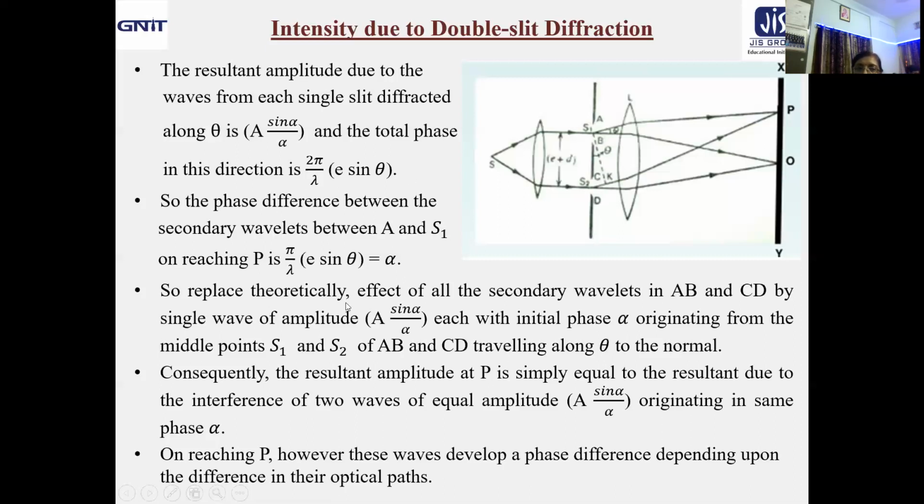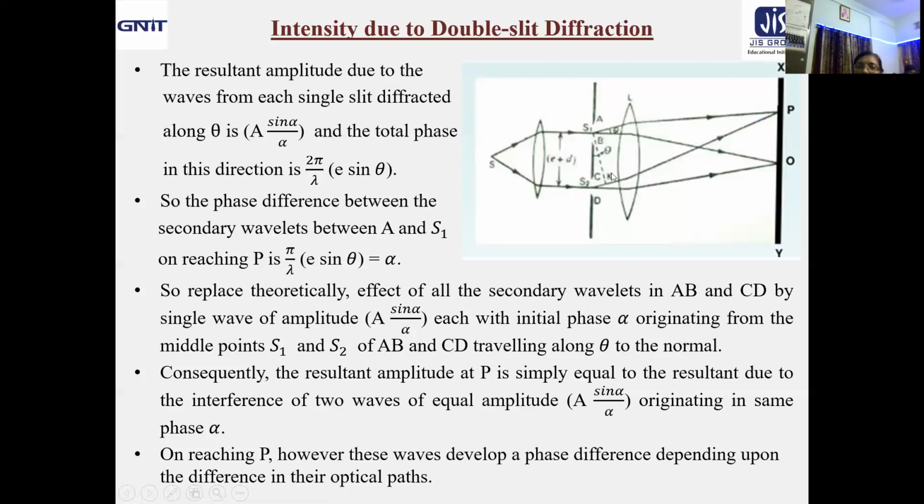So, replace theoretically the effect of all secondary wavelets in AB and CD by a single wave of amplitude A sine alpha by alpha, each with initial phase alpha, originating from the middle points S1 and S2 of AB and CD, traveling along theta to the normal.